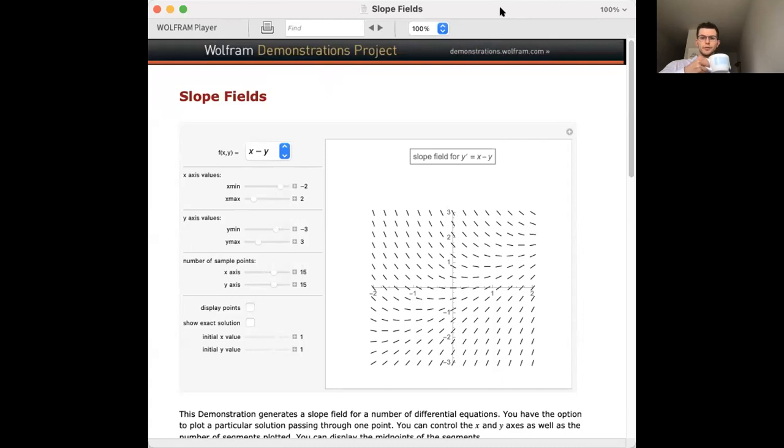The slope fields from the Wolfram Demonstrations Project. Okay, so essentially what's happening here, again, is that you're being given some vector fields. If you ever take differential equations, which is Math 244, has anyone taken that class or plans on taking it?